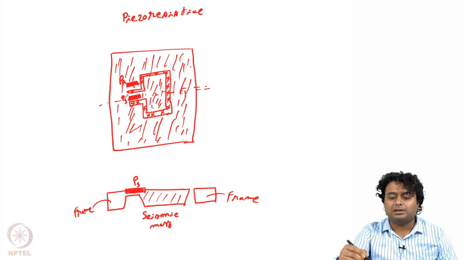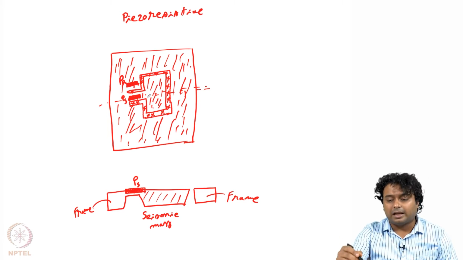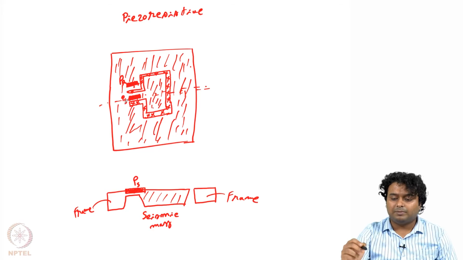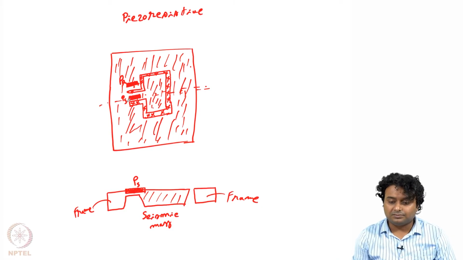So PR and PS will increase or decrease by the same amount for temperature, but the acceleration effect is only on the sensing element, because the reference piezoresistor is not moving at all. So ultimately we can measure the resistance change at the sensing element and we can measure the acceleration.